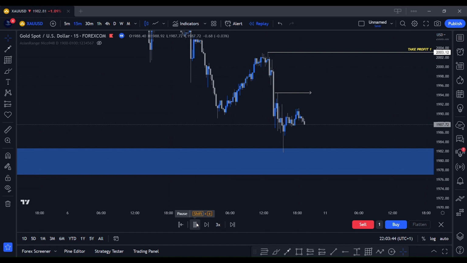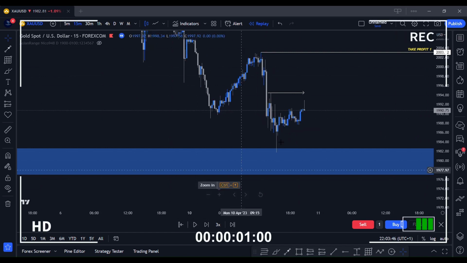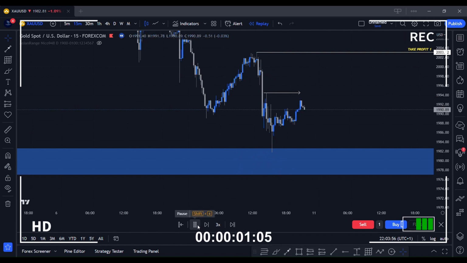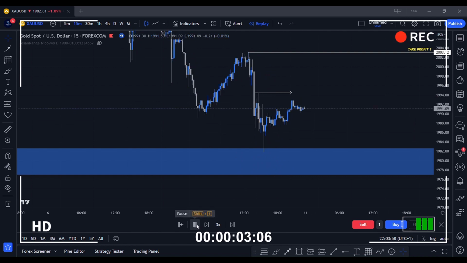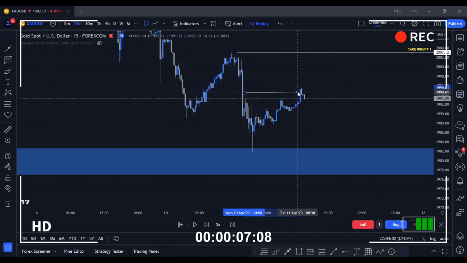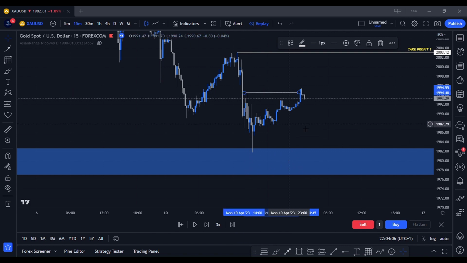Price is trading sideways, as you can see. Obviously, as I said, we always want to see if there is going to be a break of this price action here. So watching the market, and then boom, we have a nice sweep of the price wick here, meaning that buyers are in control now.